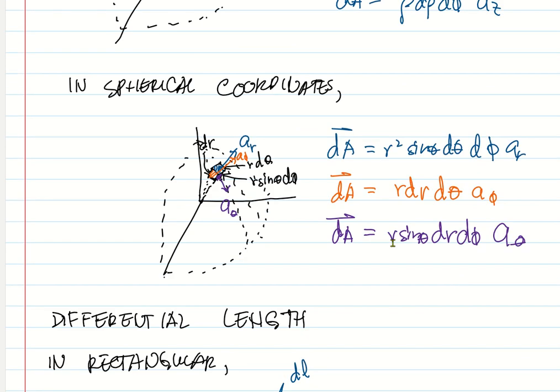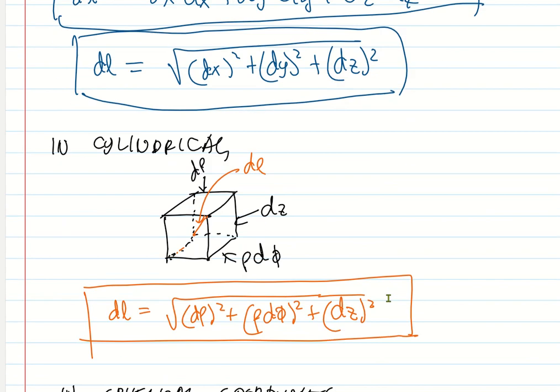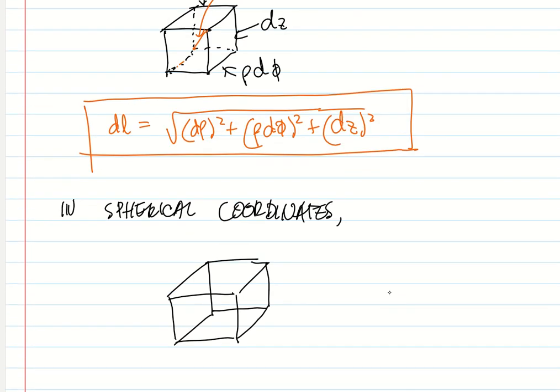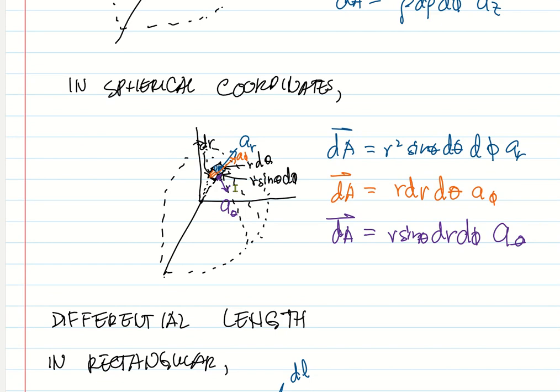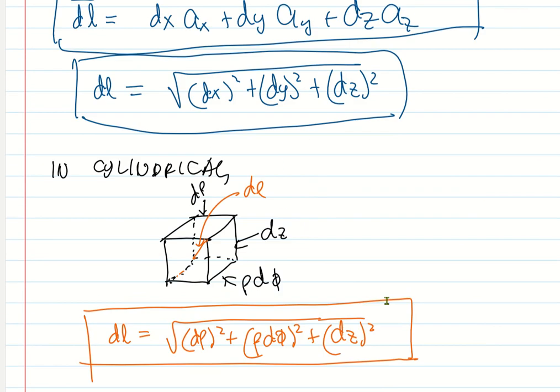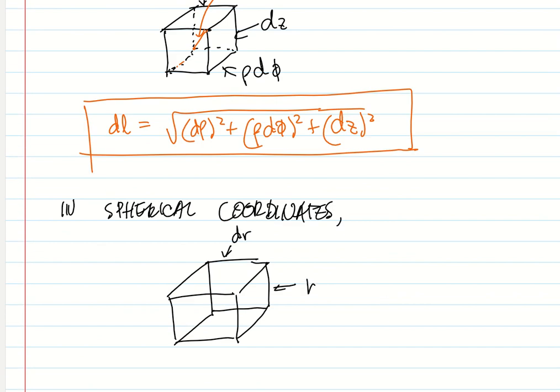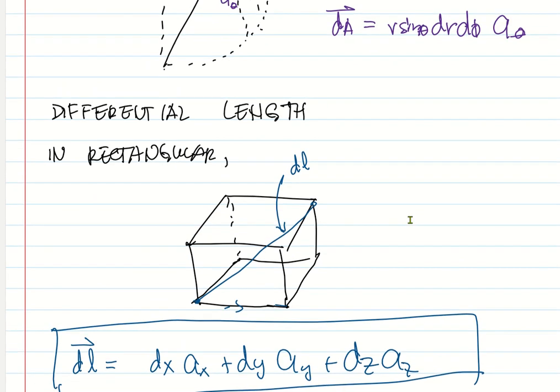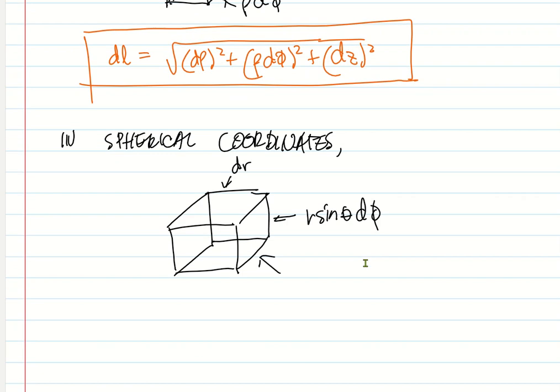In spherical coordinates, we have r d theta, r sine theta d phi, and dr. So let's say this is our dr. We can make this our r sine theta d phi, and this one to be the other side, r d theta.